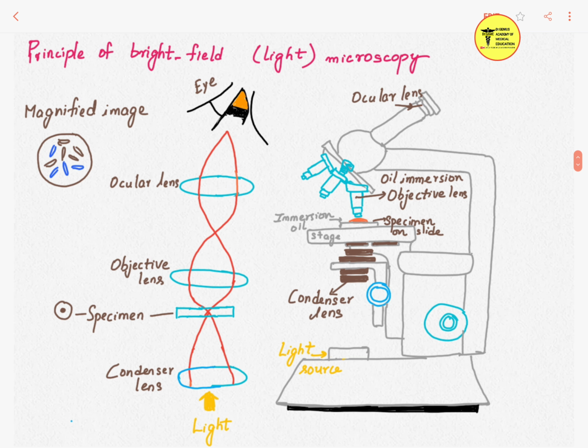This is the principle of bright field or light microscopy. The specimen is magnified, and this is the magnified image.